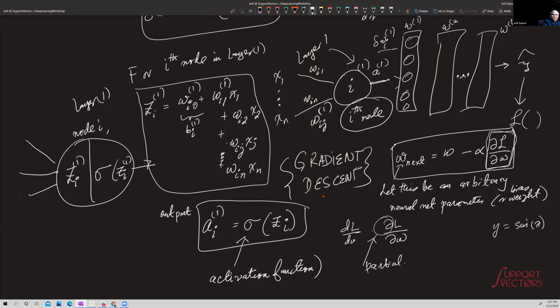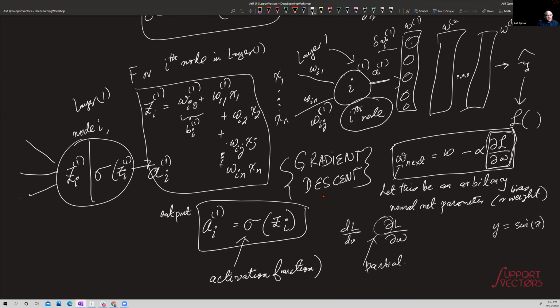I could write y hat, since we are used to writing it, but y hat is the ultimate one at the very end. We will just write A here: A of the first layer, the output of the first layer from the ith node, is this. Does this make sense, guys? Does this look very familiar so far?